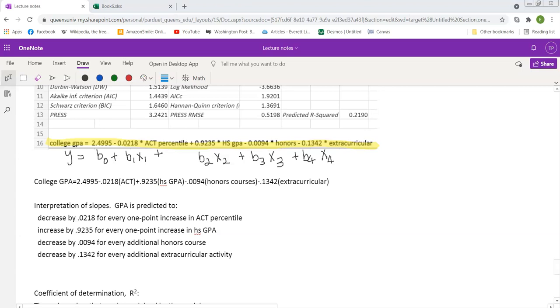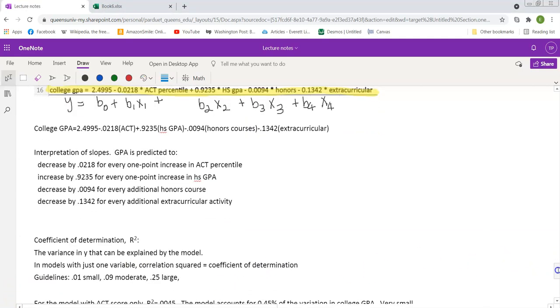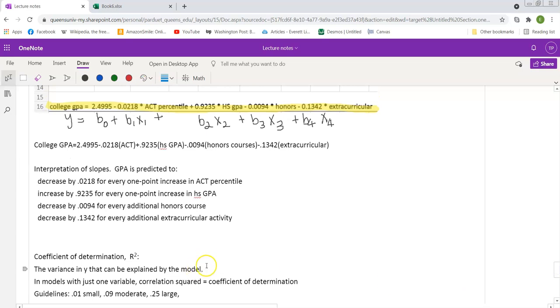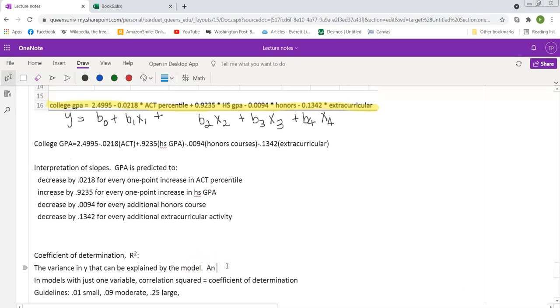So the next thing we need to talk about is something called the coefficient of determination, which is called the R-square. This is an overall measure of how good the model is at predicting the dependent variable. Okay, I'm going to put that in here.